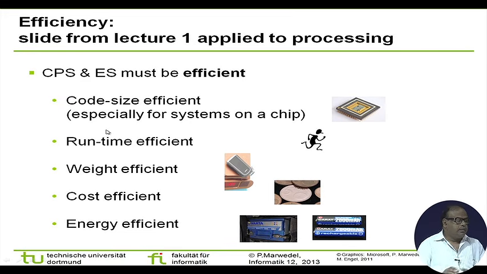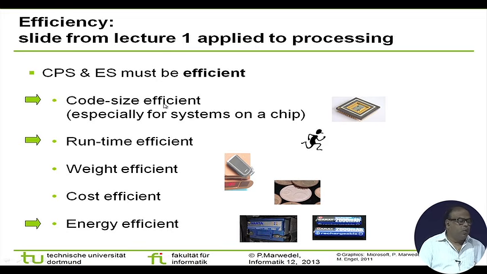Now, we have talked about different means. For cyber physical systems or embedded systems, in order to be efficient, there are so many parameters. We are not going to talk about weight efficiency or cost efficiency, that is a different aspect, although important.